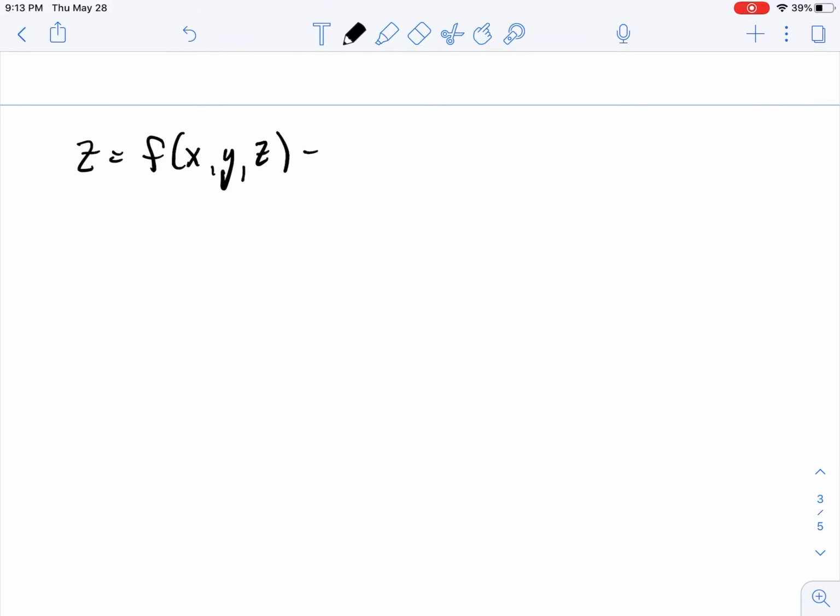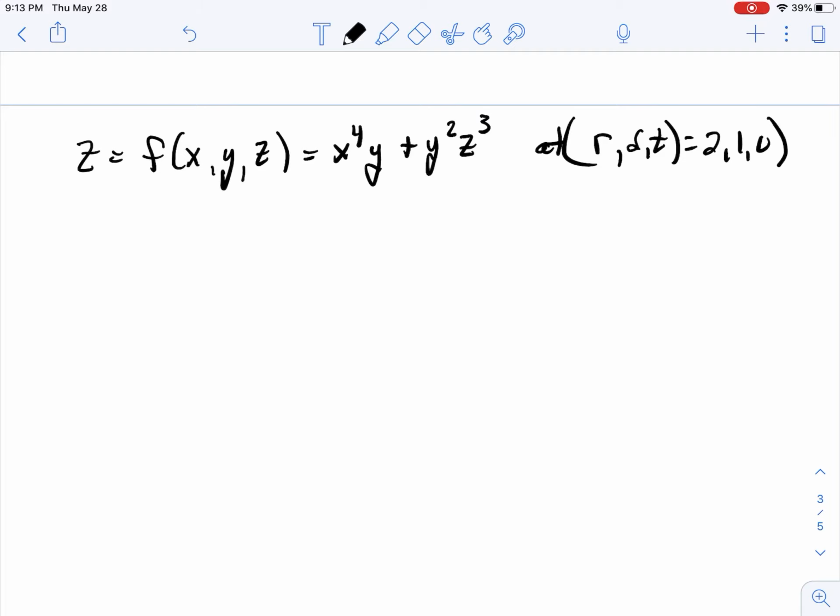All right, so let's say z equals f of x comma y comma z is x to the fourth y plus y squared z cubed at r, s, t at the point 2, 1, 0. Okay, now my x is going to be represented by r s e^t.